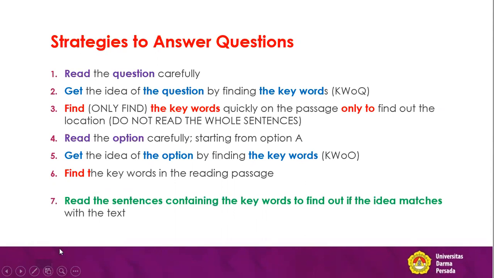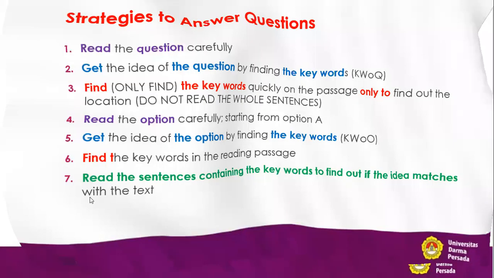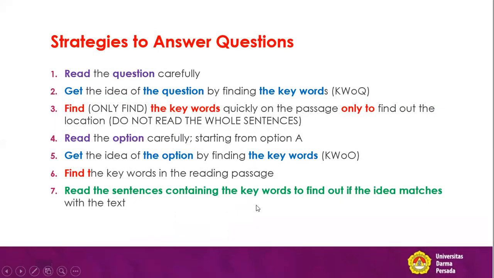And then after that, number 7. Oh my God, very quick. Read the sentences containing the keywords to find out if the idea matches with the text. For example, you read option A and then you find option A in line 7.